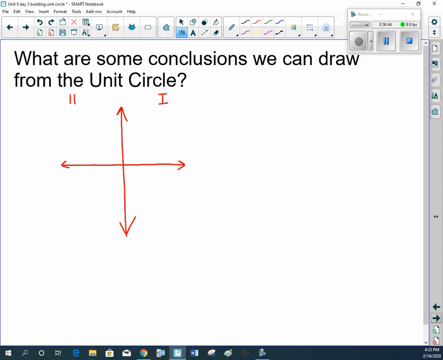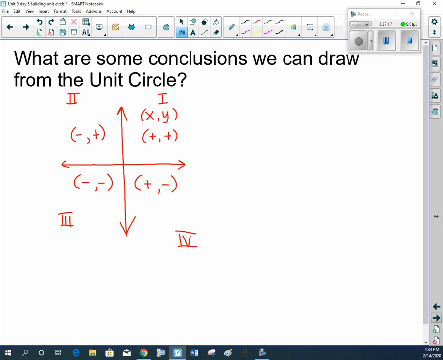So in your quadrants, if you were just to graph ordered pairs normally, the ordered pair in the first quadrant would be positive and positive. Over here in the second quadrant, they would be negative and positive. And then down here in the third quadrant, they'd be negative and negative. And then in the fourth quadrant, they'd be positive and negative.